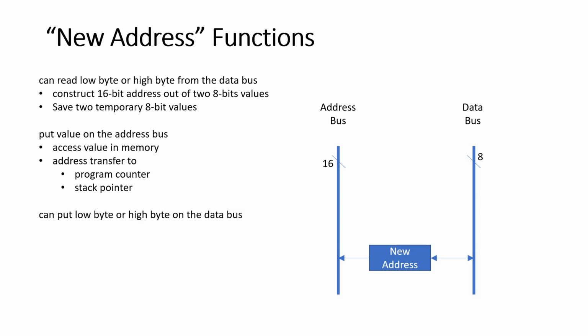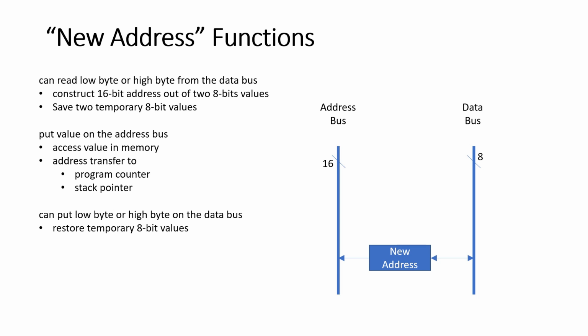But it can also put its low or high byte back to the data bus, and I use this to restore those temporary 8-bit values, and that gives me two internal registers I can use for some more sophisticated functions in microcode.